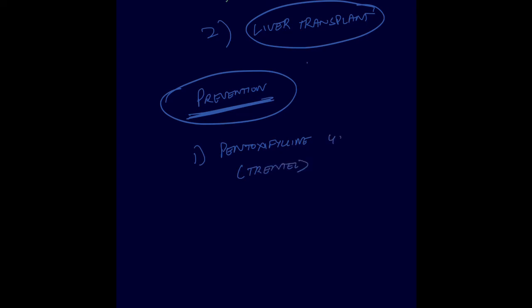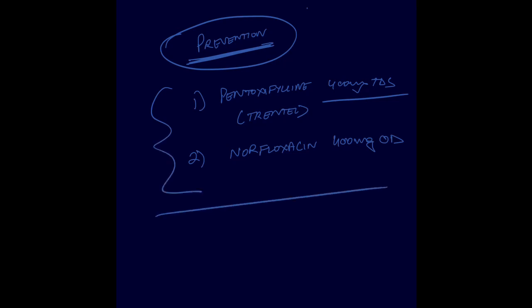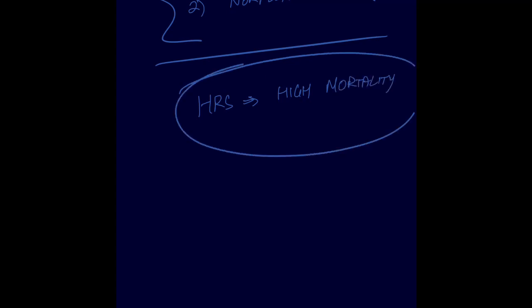You can give 400 mg thrice daily, 400 mg TDS, and norfloxacin tablet 400 mg once daily. These two drugs can be used for prevention of HRS. But always remember, once the patient lands up in HRS, mortality is always high. HRS is equal to high mortality. Always remember that, so counsel the patients accordingly.